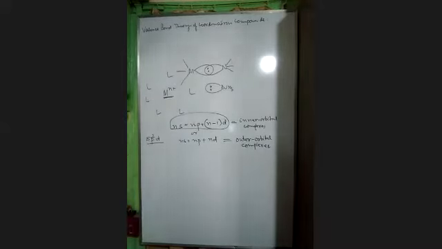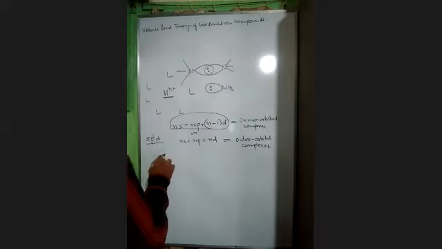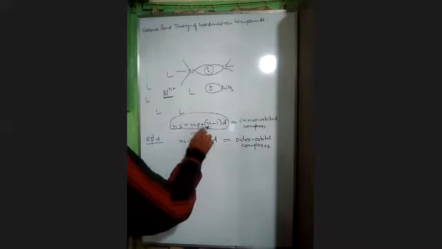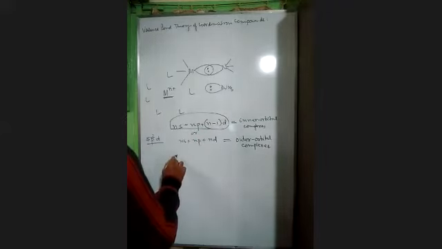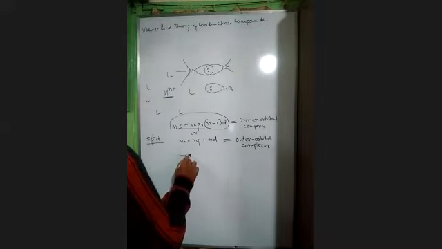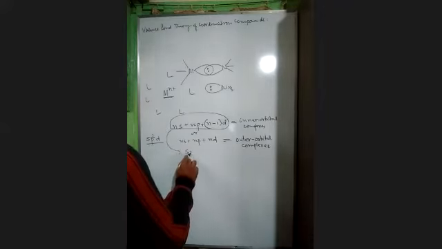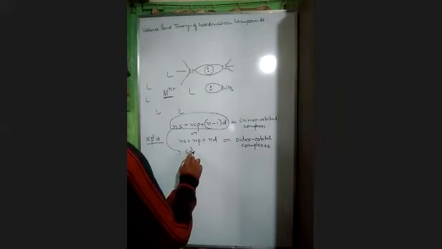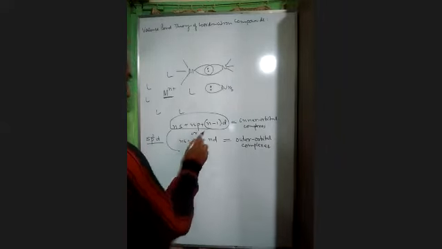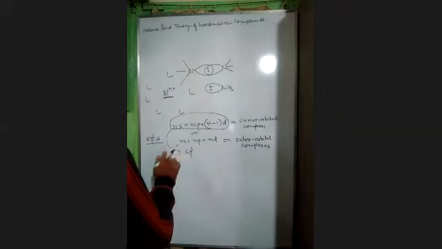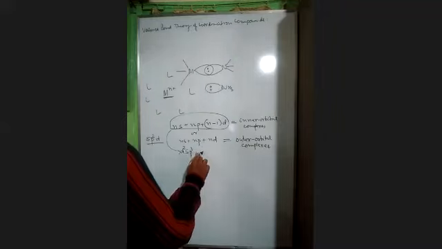Now, if 6 ligands are available for bonding, it is going to form octahedral complexes. If you go by the inner orbital, it will be d2sp3, which is the inner orbital.